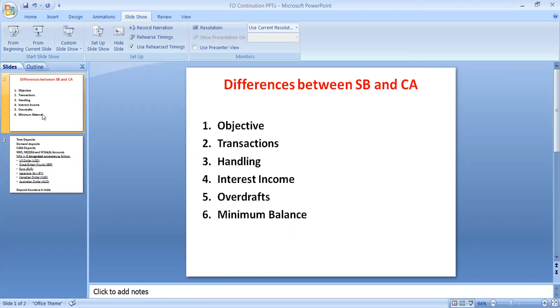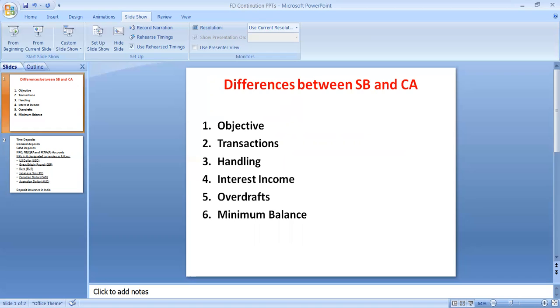let us study about the differences between saving bank account and the current account. The first difference between the saving bank account and the current account is with regard to the basic objective.